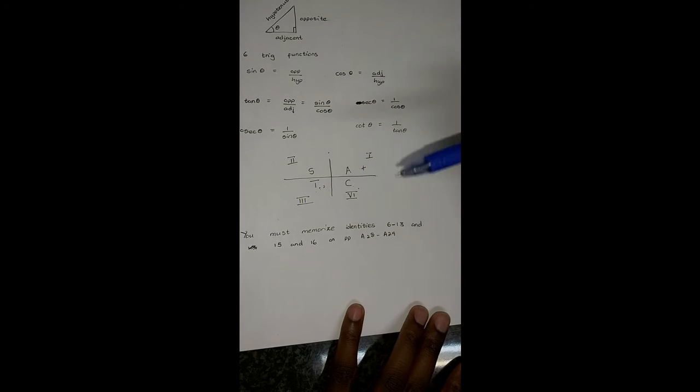Okay, so one more thing. According to your study guide, you must memorize, you must know and be able to use the identities 6 to 13 and 15 and 16 on page appendix 28 to appendix 29 in Stewart.